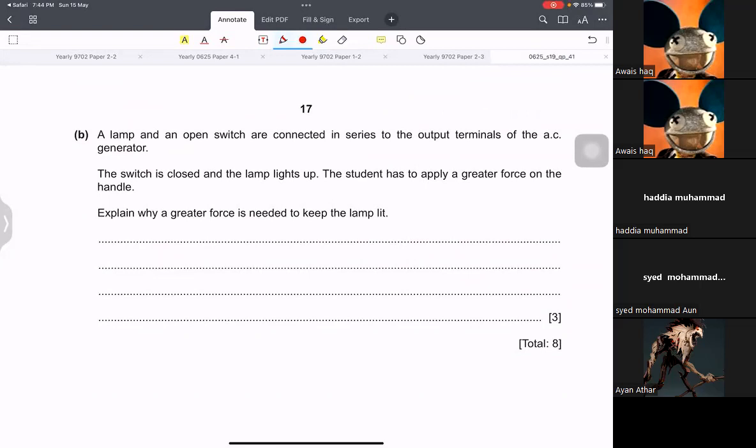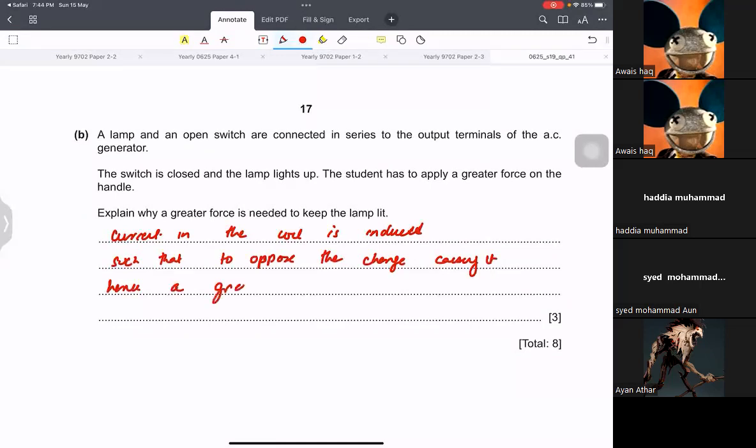So the current in the coil is induced such that it opposes the change causing it. Hence, a greater force is required. All right, do you guys understand now?